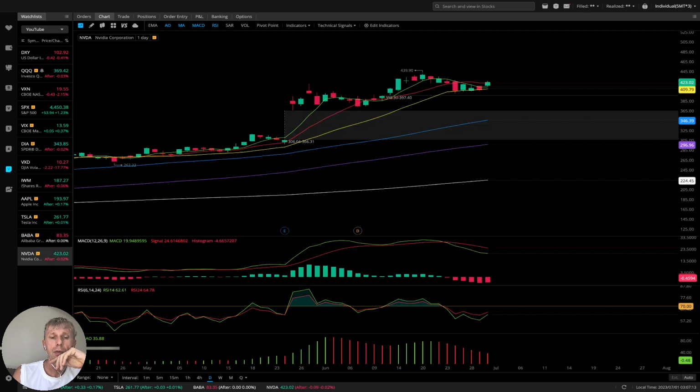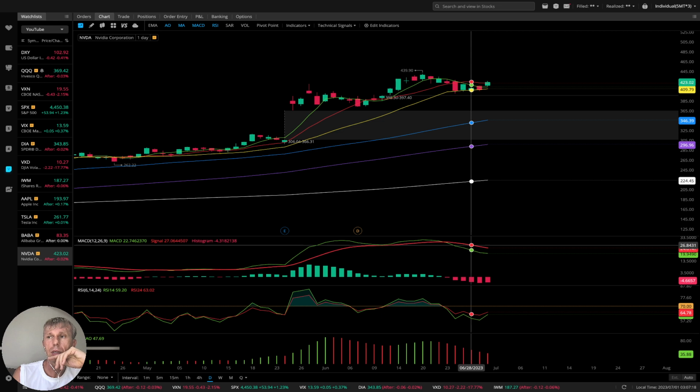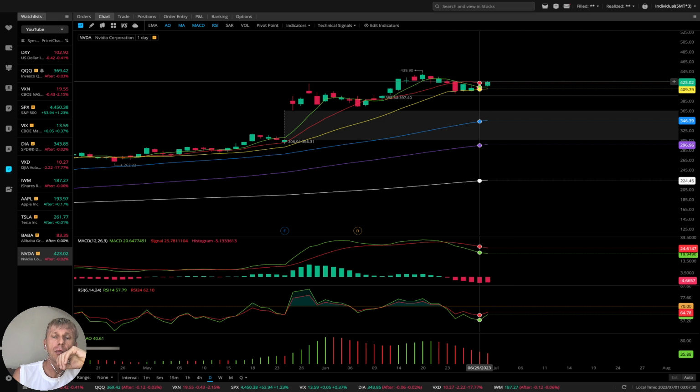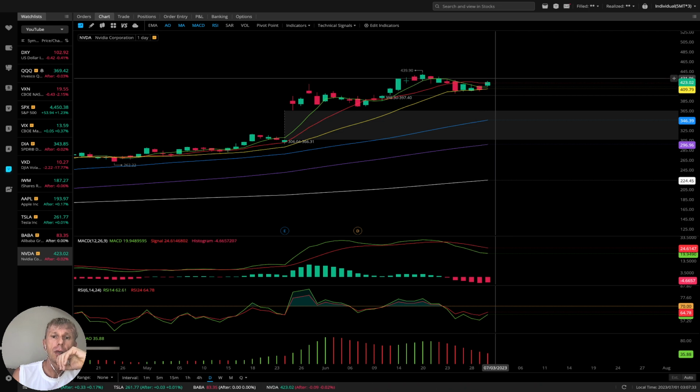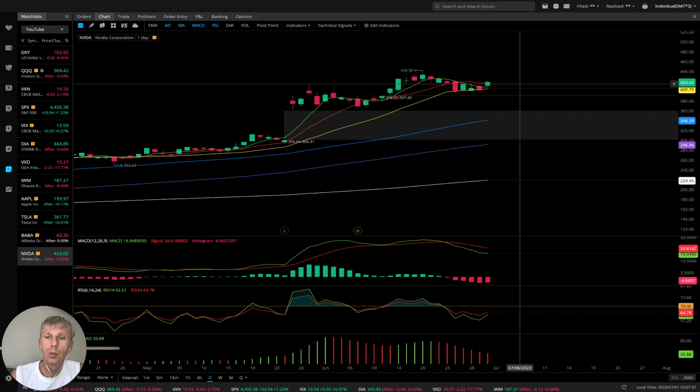Nvidia daily time frame. Bearish trend on all indicators. Last bar closed above MA5 1020. It is kind of, yeah, it is positive, it is bullish, but we'll see.